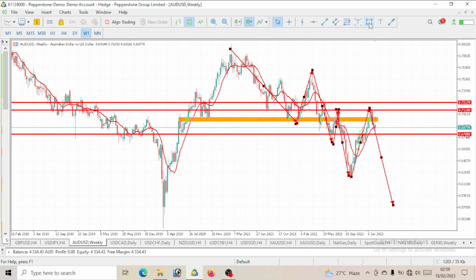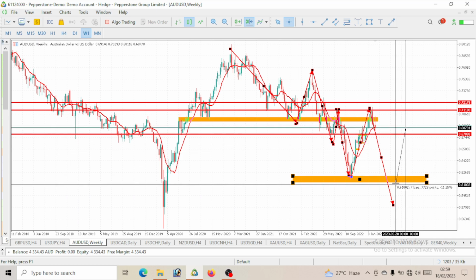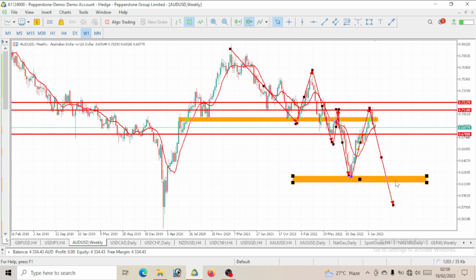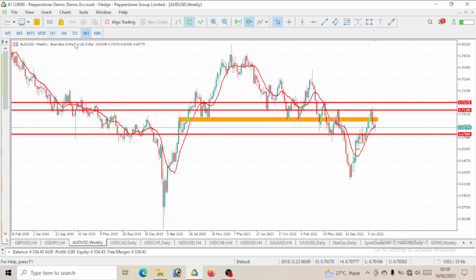In the next 6 to 7 months, we should at least take out these lows. So this is actually the time for position traders to go ahead and sell. If you're a long-term trader, you just go ahead and sell, right? In 6, 7, 8 months, you should be able to take out these lows. By then you should be able to grab a lot of pips, about 600 to 700 pips.